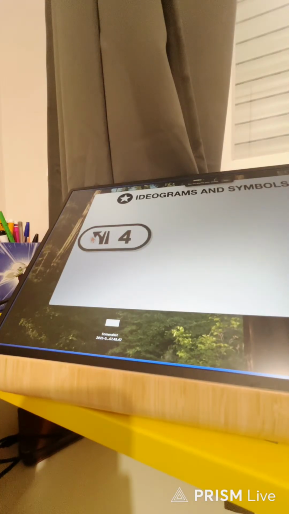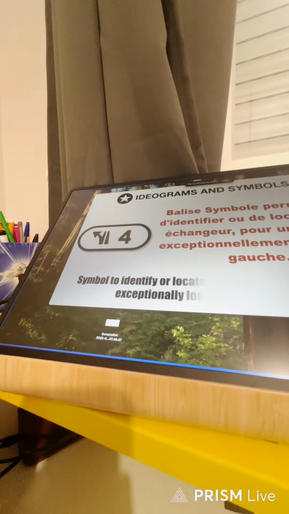It's still talking about this sortie. Because they put the 4 here, it doesn't mean this one. They are still telling you that the sortie is located at number 4. This time around it is on the left hand side, not on the right hand side. D'accord, à gauche. Yes, exactement, à gauche.